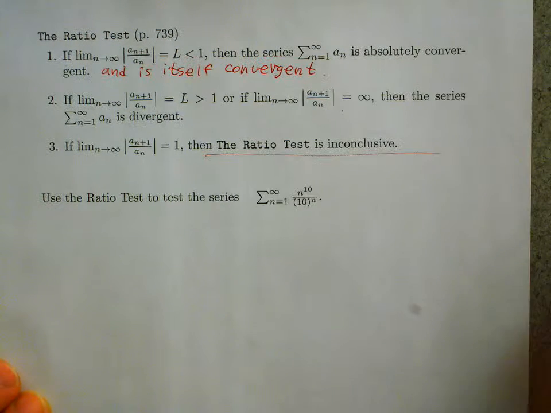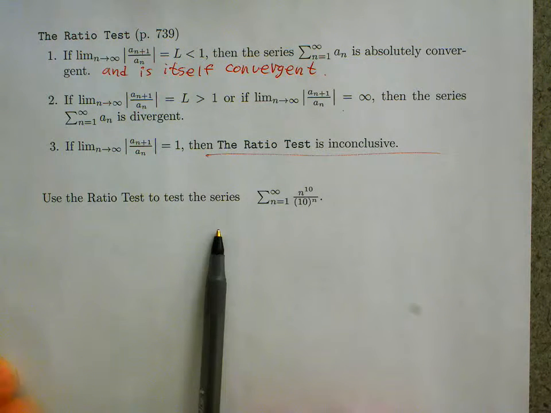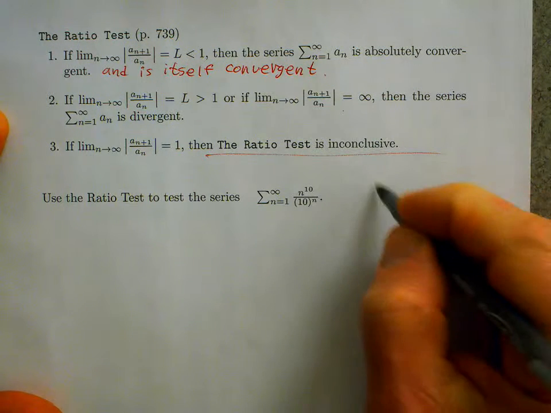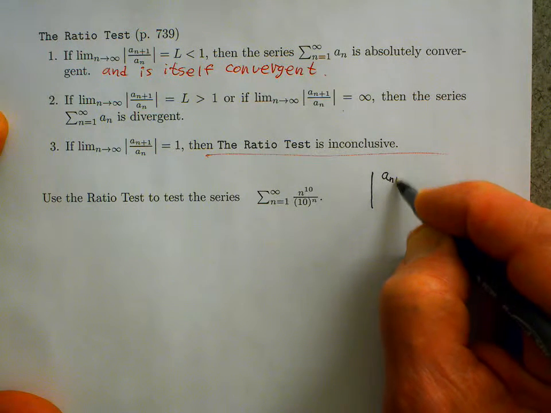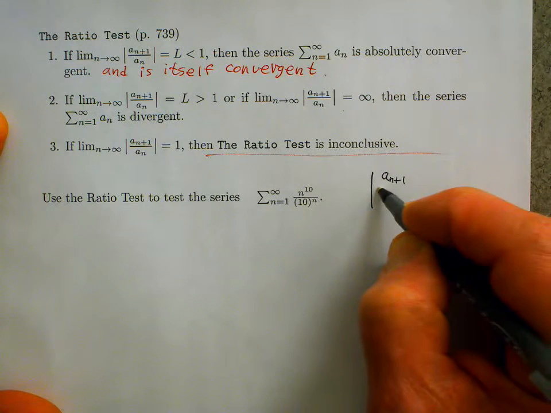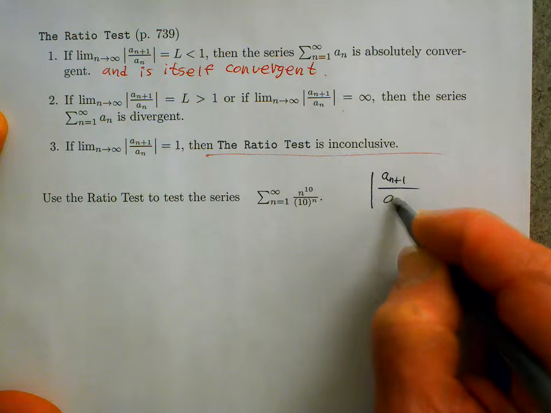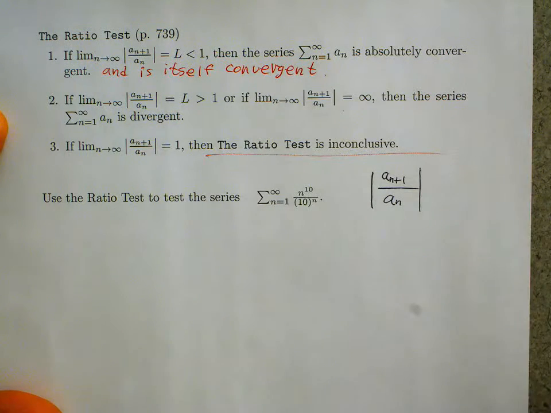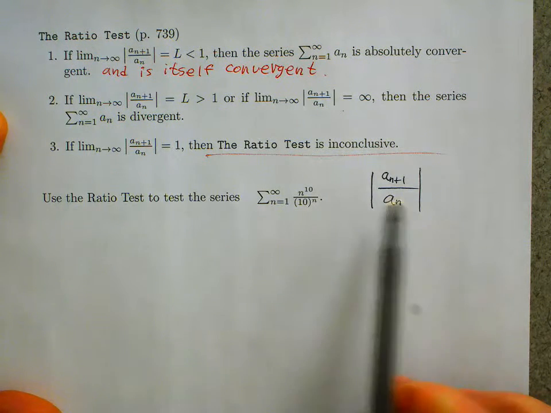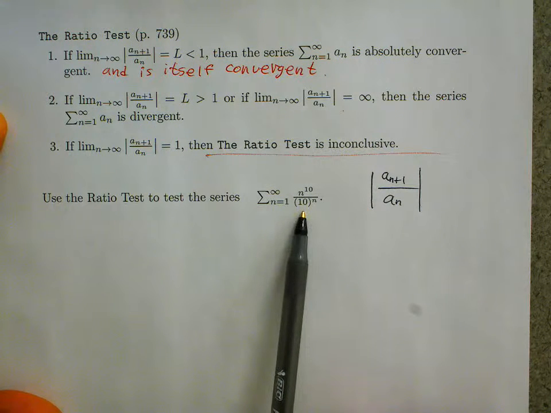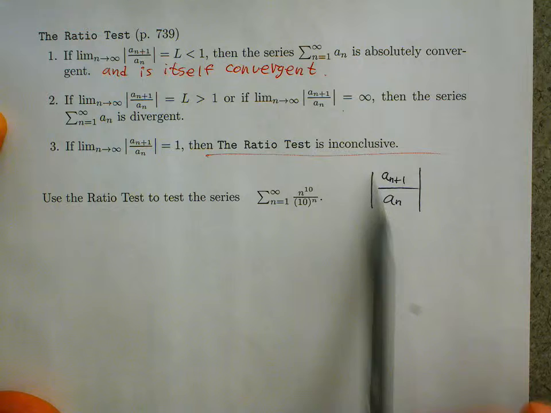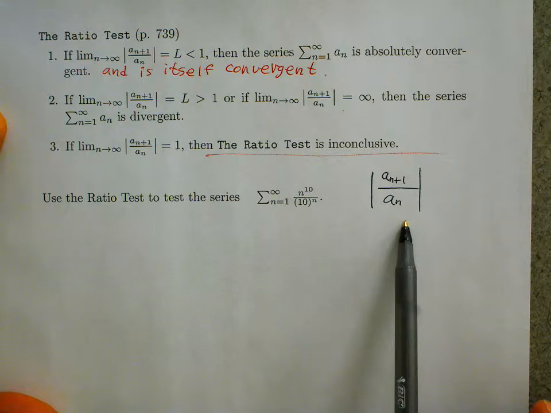Okay, in this example, let's use the ratio test to test the series. So just as a reminder, in the numerator, we have the n plus first term from the sequence, and in the denominator, the nth term from the sequence, and then we take the absolute value. All of these numbers are positive, so we don't really need the absolute value symbols.